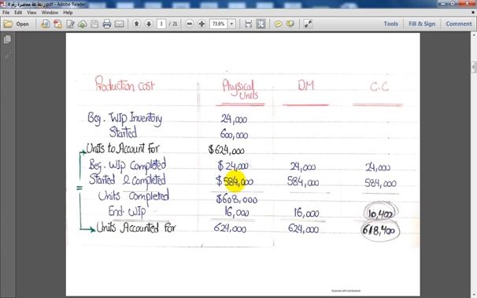So ending work in process has used direct material. So under direct material we have 400,000.